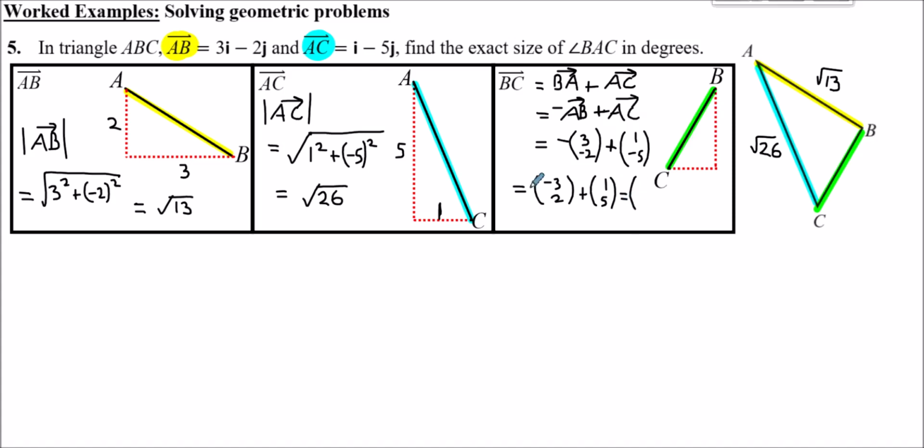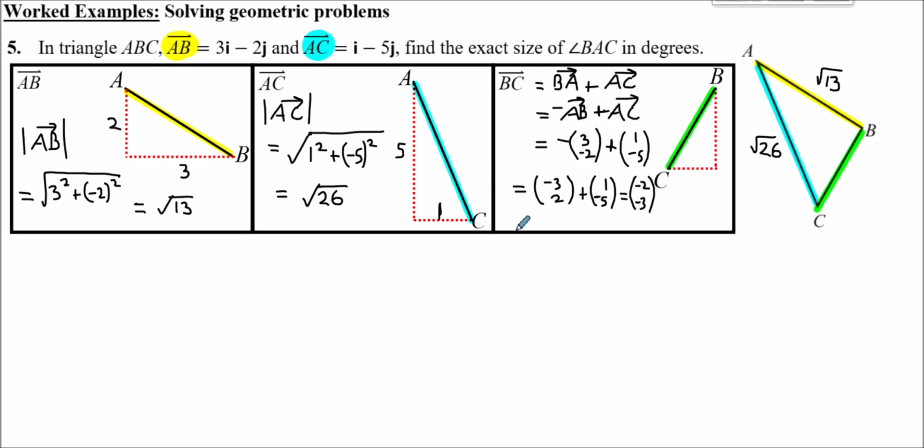That's going to give us minus 3 plus 1, which is minus 2, and 2 plus minus 5, I do apologise, I missed out the minus there, 2 plus minus 5, which is minus 3.